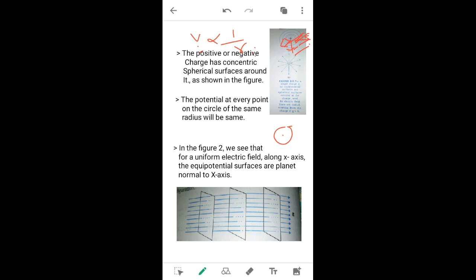Suppose we consider two points here on the surface, and in the same manner consider this as VA and here VB, then the difference between these two will be 0. That means the potential difference delta V is equal to 0. Why? Because the potentials will be the same as the radius is the same. Okay, is it clear now? So let us proceed to the next one.